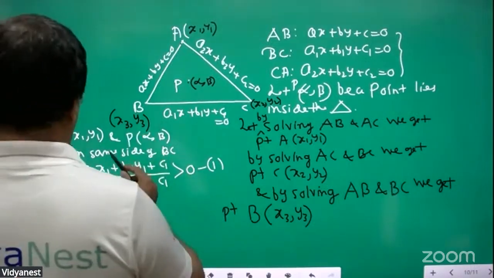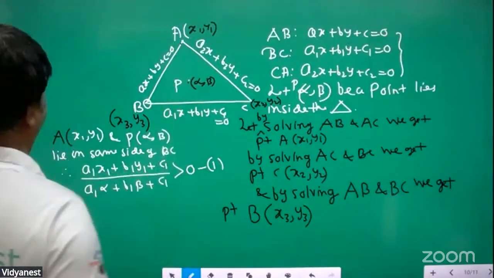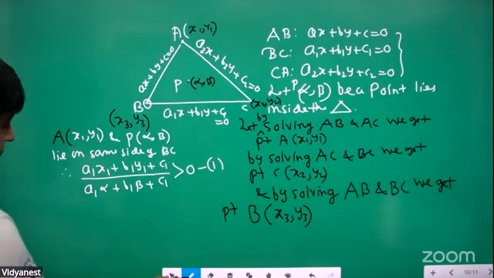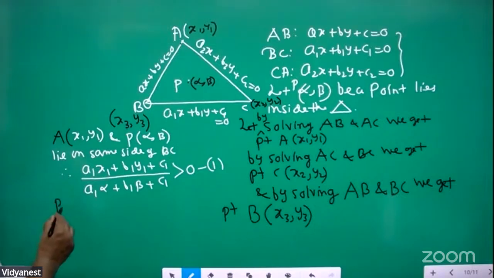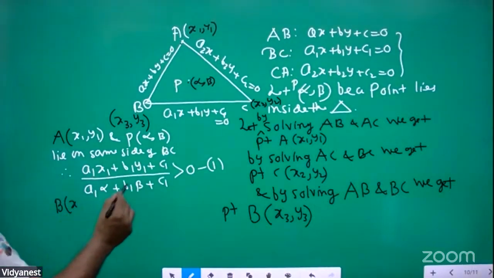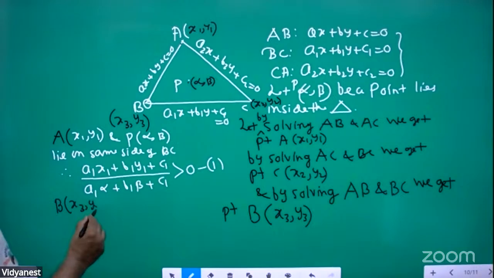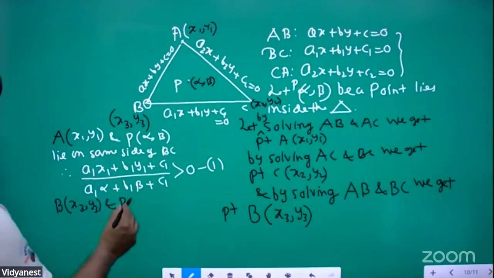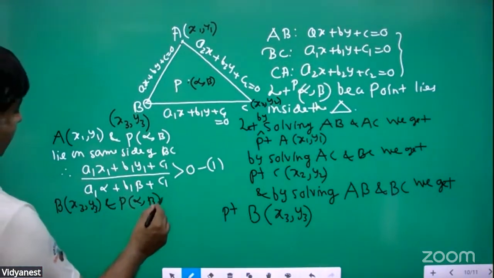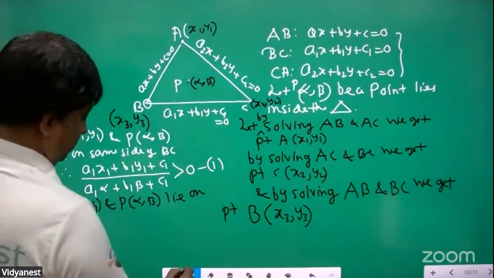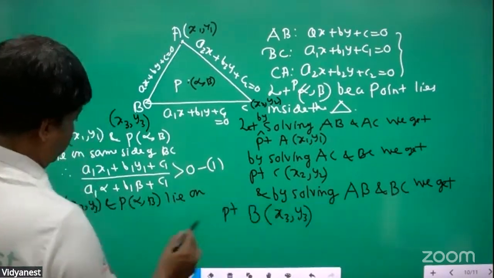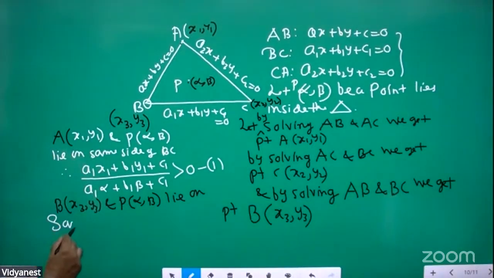Now, B and P. What is B? (x3, y3) and P (alpha, beta) lie on the same side of AC.